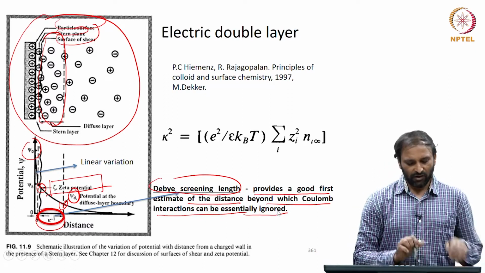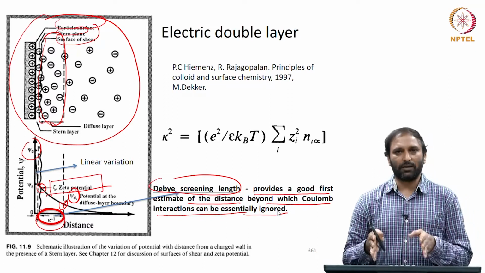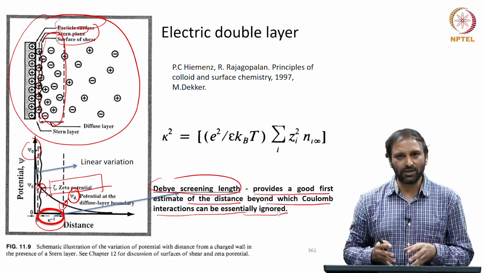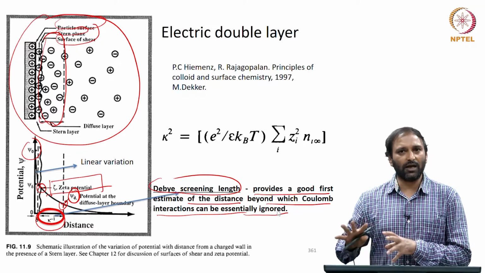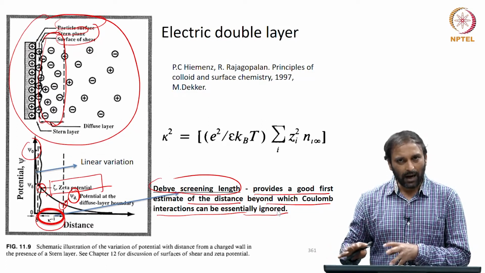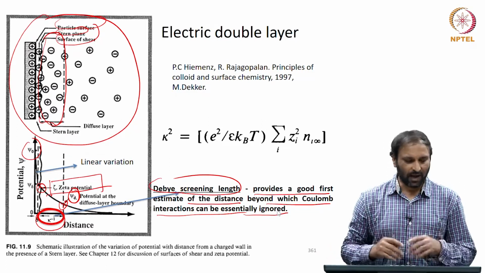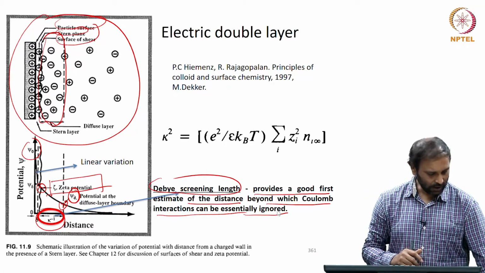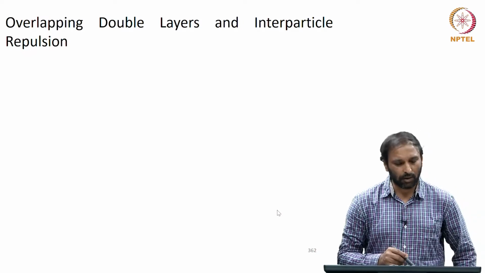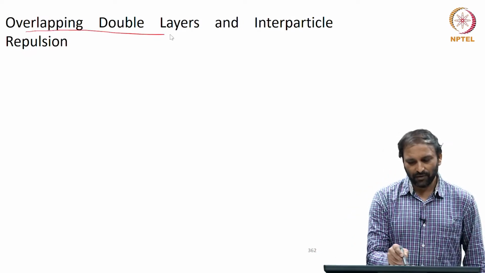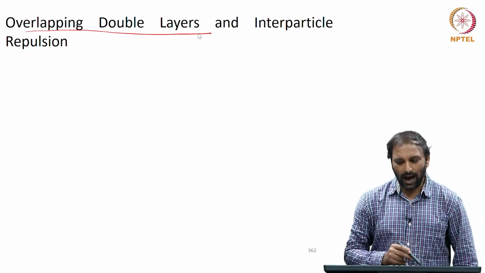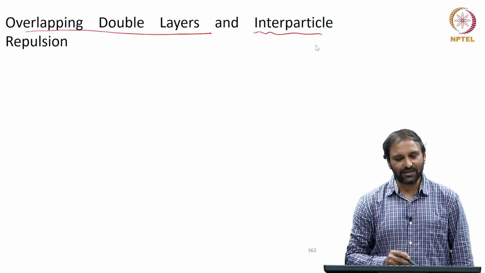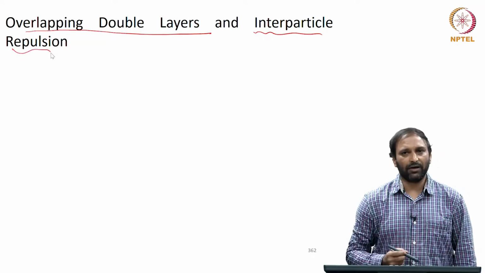That means, if we are considering two particles in solution, if the distance between the particles is larger than K inverse, we can ignore the electrical double layer interactions, and one has to worry about the other kind of interaction that may be present in the system. So, with that picture, we would like to talk about overlap of electrical double layers, and how that manifests into interparticle repulsion.